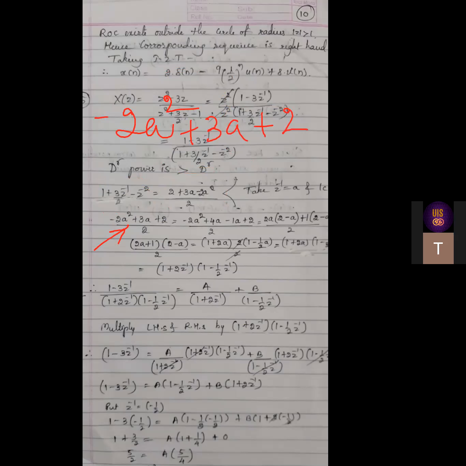If I multiply, I should get minus 4, 2 into 2, and if I add, I should get plus 3. So I think 4 into 1 with minus 4 plus 1. This should be plus, this should be minus: plus 4 and minus 1.